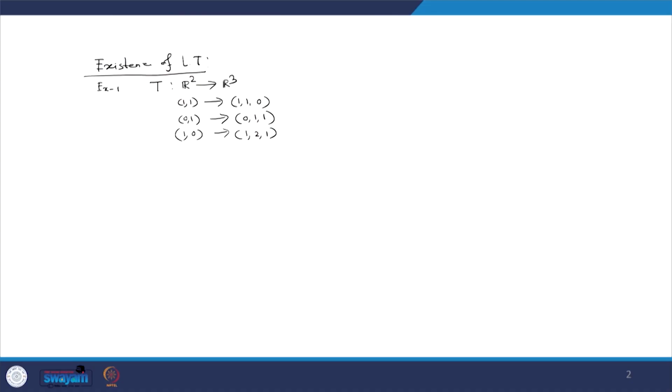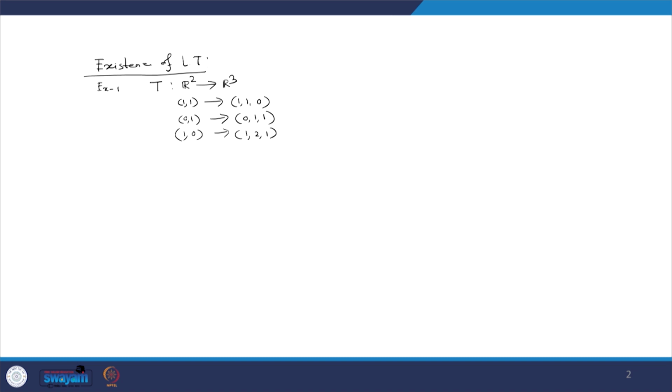Now, let me see quickly, if I consider a function from a vector space to another vector space, is it necessary that it will always be a linear transformation? For example, suppose T is a linear transformation from R2 to R3.